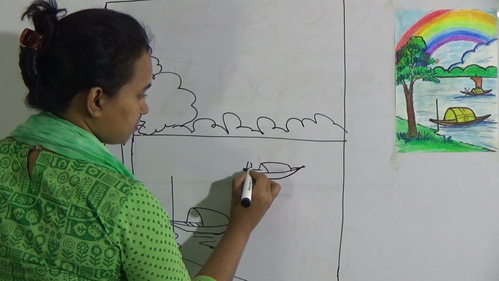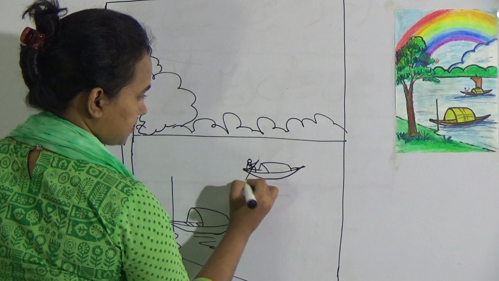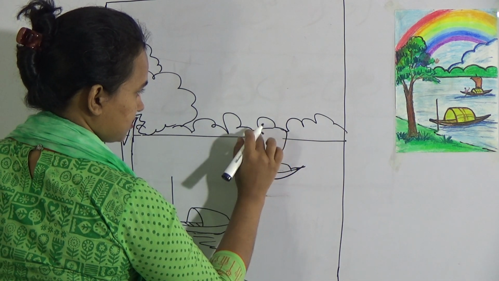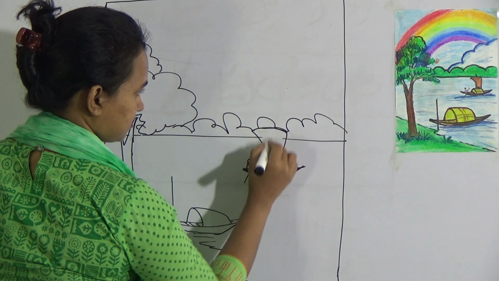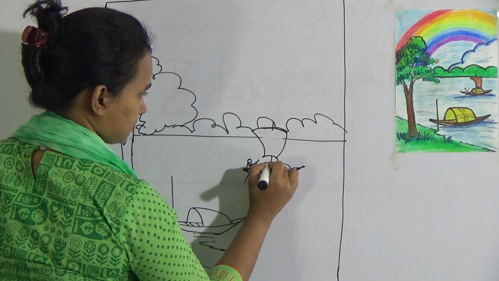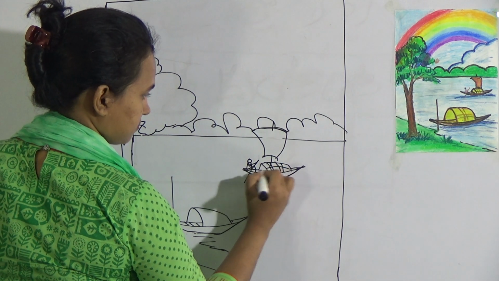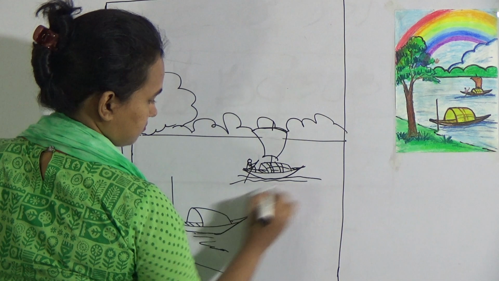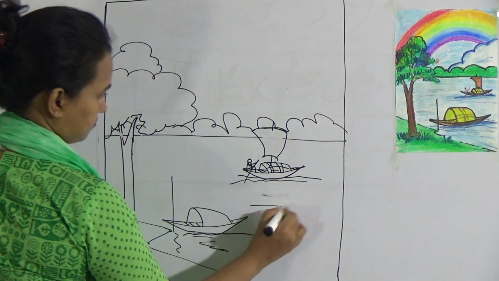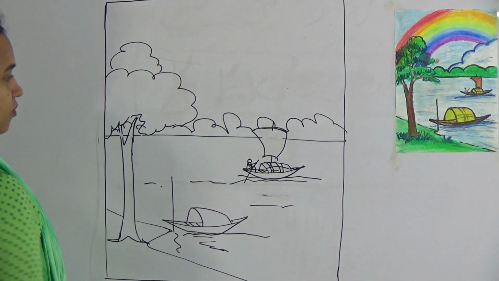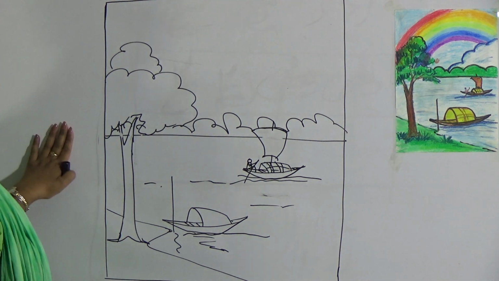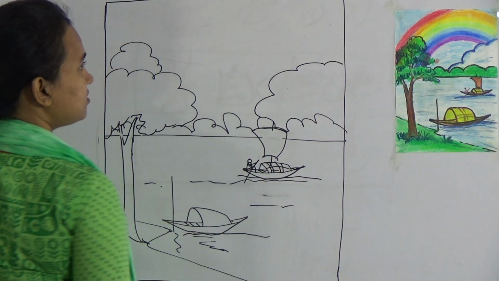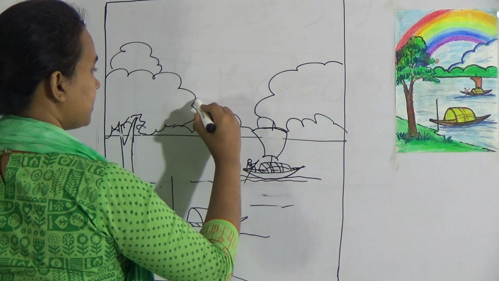And give a figure, that means the boatman and sail. Okay, so now we will draw the rainbow. Give some cloud here and give the rainbow like this.